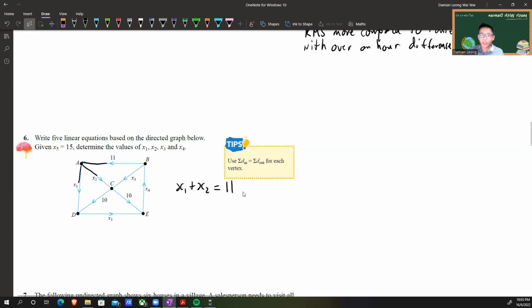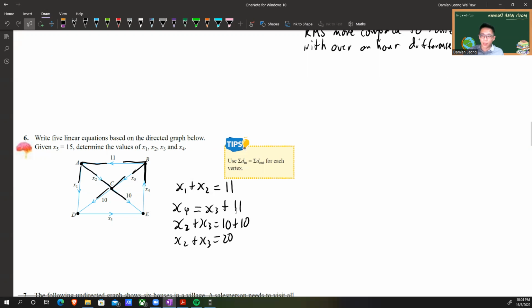So they want 5 linear equations. Why 5? Because there are 5 vertices here, so we can write one linear equation for each vertex. If I look at B, x4 in, x3 and 11 out, means x4 equals x3 plus 11. If I look at C, x2 and x3, 10 and 10, so x2 plus x3 equals 10 plus 10, means equals 20 lah.